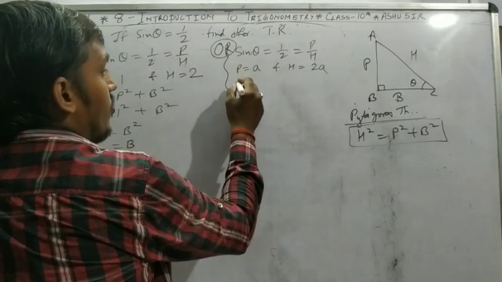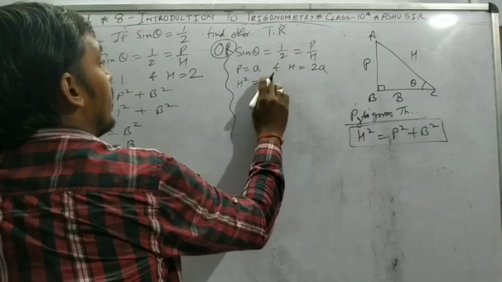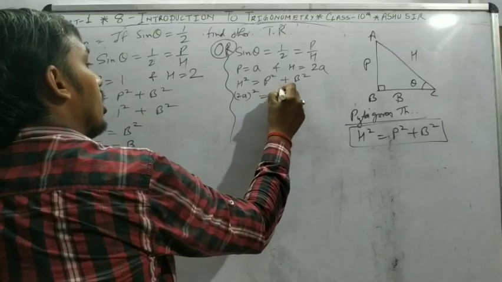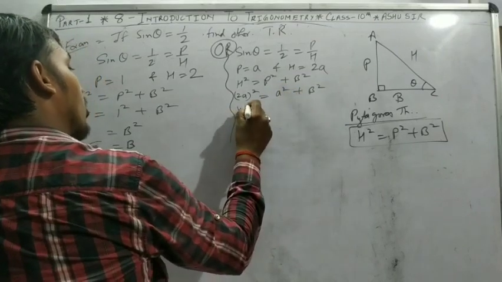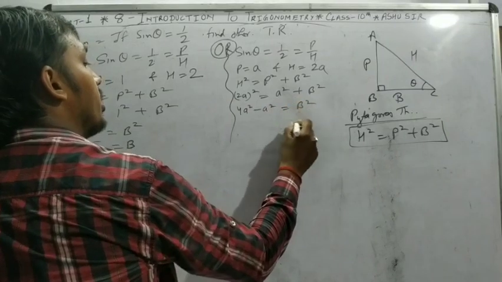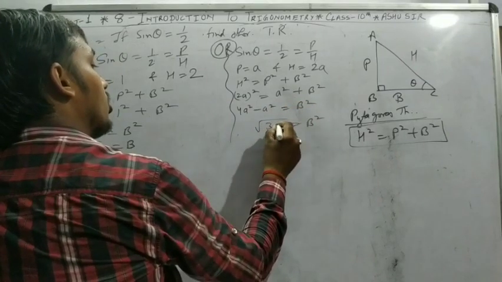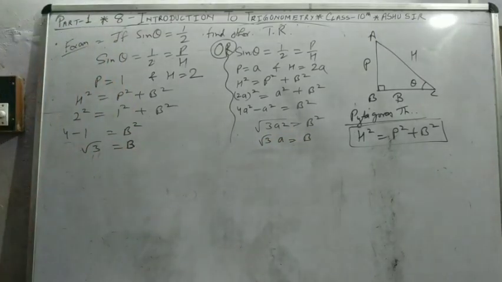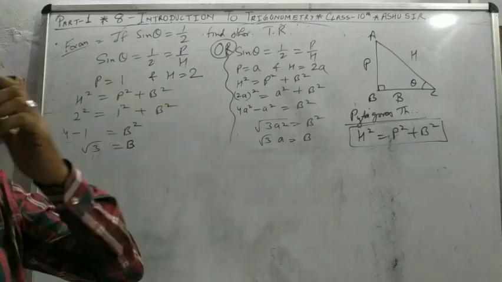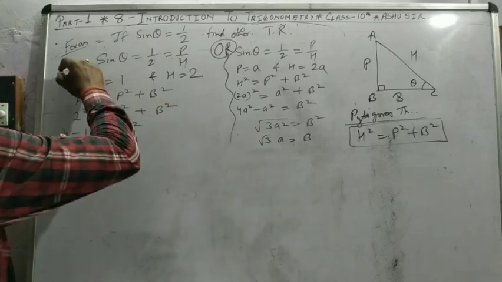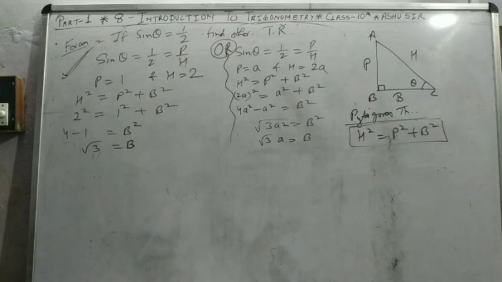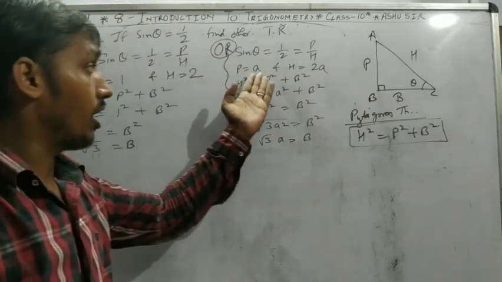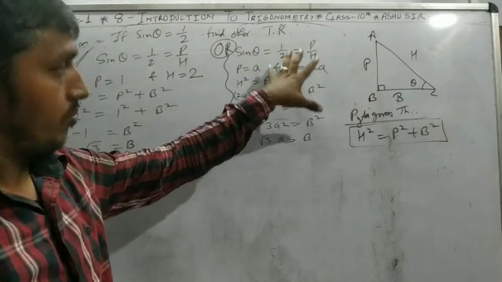Here, hypotenuse square, perpendicular square, base square: 2A whole square is A square plus B square, 4A square minus A square is equal to B square, B square is equal to 3A square, so root 3 A is the base. You can solve by both methods, but always use this method because it is easy. And here you can take P equal to 1 and H equal to 2 directly in place of A and 2A.